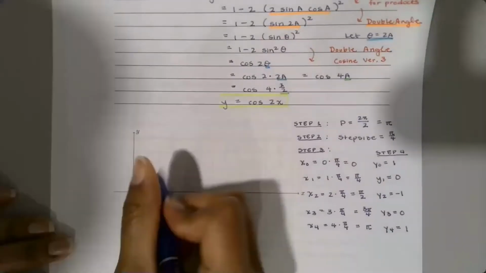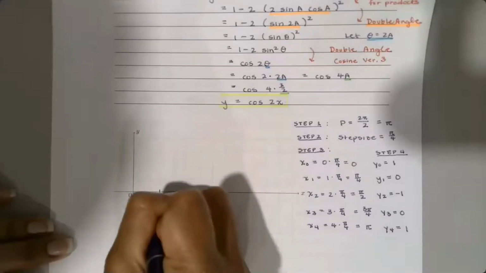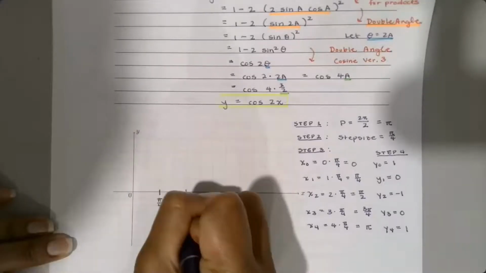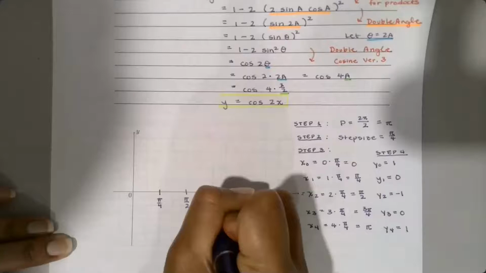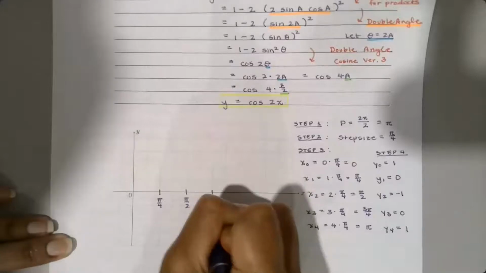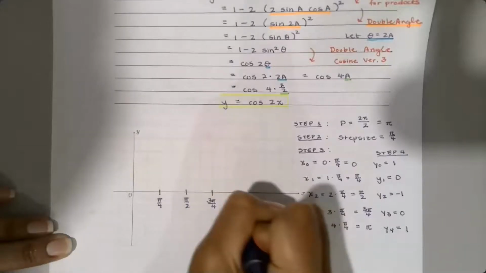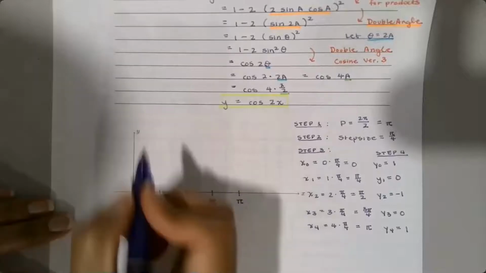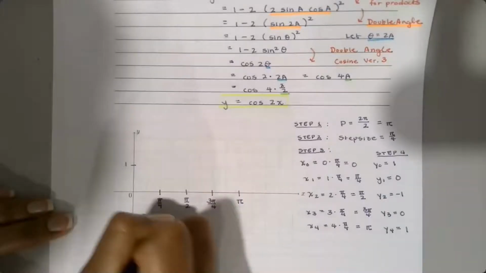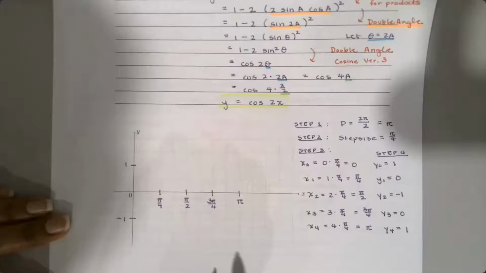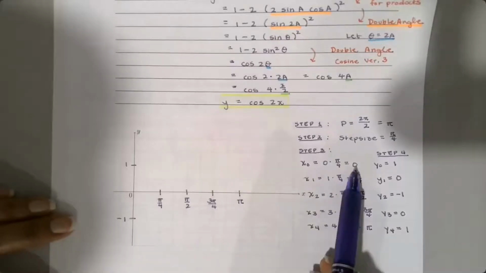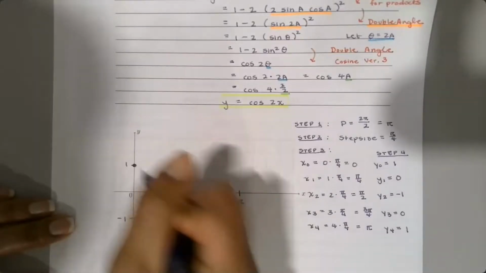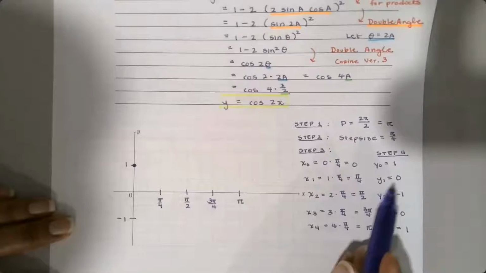So we're going to have pi over 4, pi over 2, 3 pi over 4, and pi labeled. Then we also need to have a 1, a negative 1 in the y direction. So we start off at 0, 1. Then we go to pi over 4, 0.